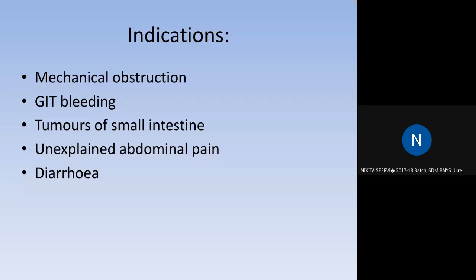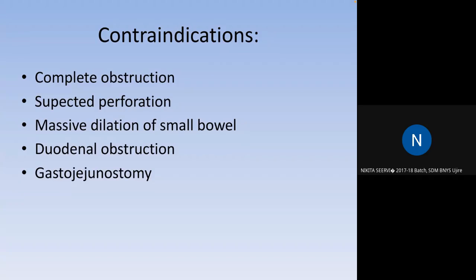Again, the same indications are there: small tumors of small intestine, GIT pain, diarrhea, GI bleeding, and mechanical obstruction. And as we studied again, contraindications are complete obstruction, suspected perforation, where you are not supposed to do a barium, and massive dilatation because the peristalsis is large, duodenal obstruction, and gastrojejunostomy. What is gastrojejunostomy?